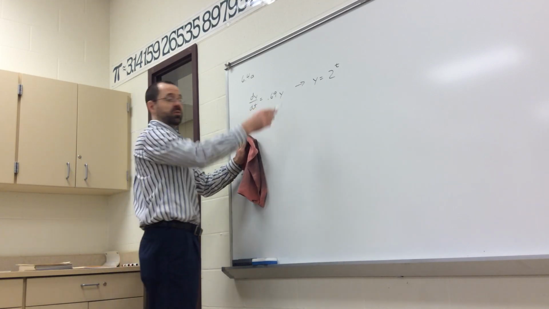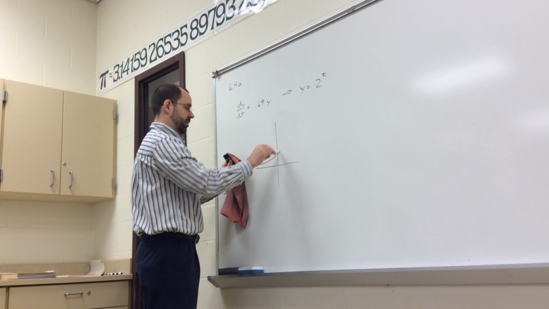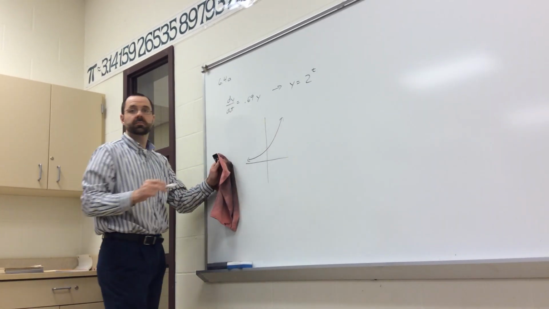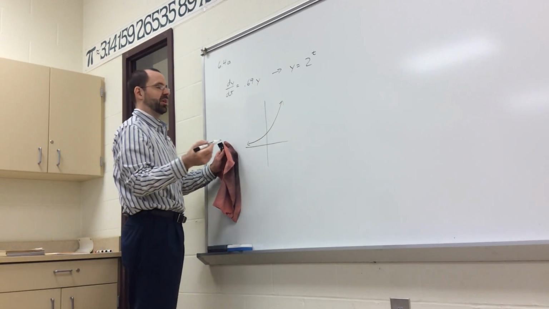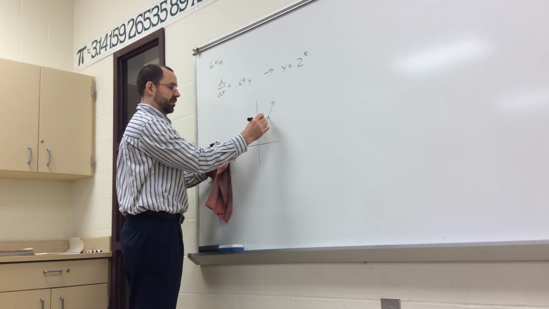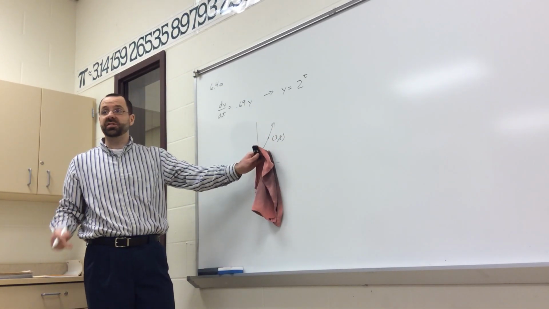So if you graph 2 to the t, it looks like this. And it goes through the point (3, 8), because 2 to the third is 8.